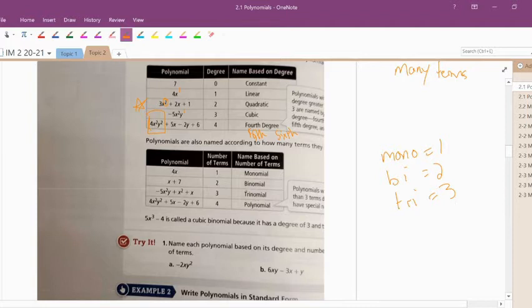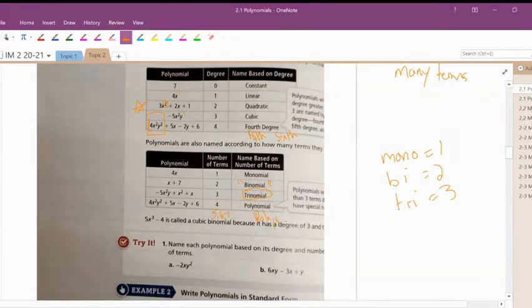We're going to be facing, probably more often than not, trinomials, and binomials maybe a little bit. The last one, 4x squared y squared and so on, we have 4 terms, so it's just called a polynomial. 5, 6, 7 terms, they're all just called polynomials. Doesn't matter how many terms there are after 4.